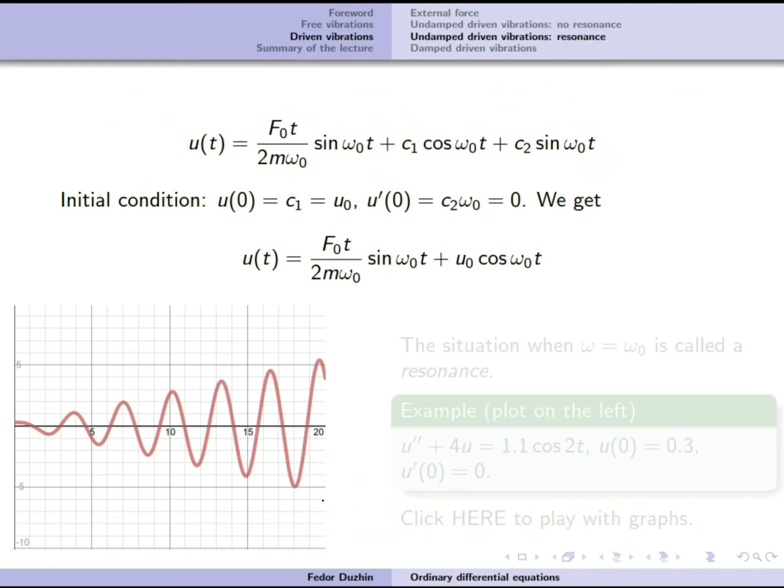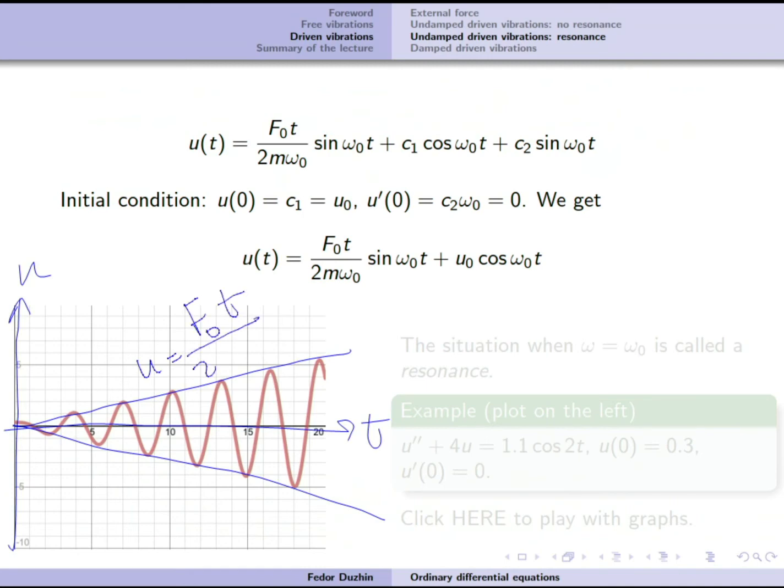And if we plot the graph of the function u of t versus t, suppose that this is u, this is t, then notice that all the oscillations are squeezed between two lines, and these are, of course, lines u equals f0 t over 2m omega 0, and u equals minus f0 t over 2m omega 0.